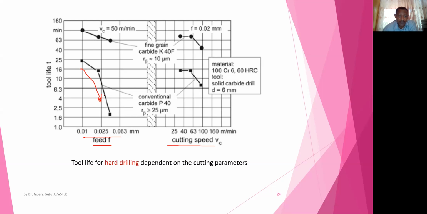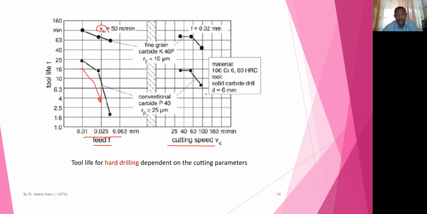Here, if you compare also with Vc, or cutting velocity, 50 meters per minute. If the cutting velocity is from 25 up to 160 meters per minute, the cutting tool life will change also.